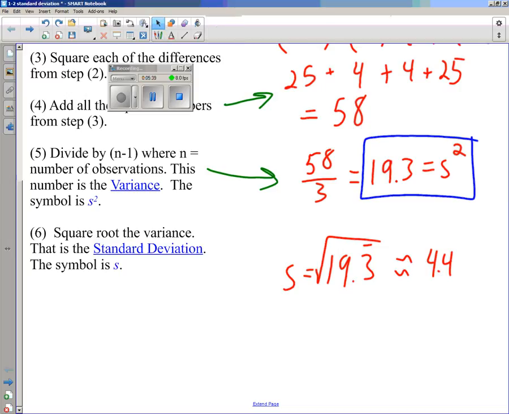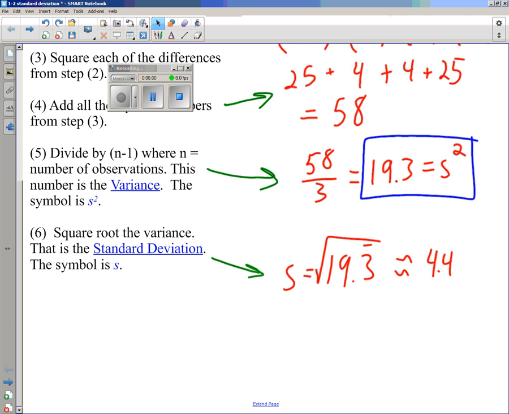You will only have to do that on your own a couple of times, really. We'll talk about how to figure it out with your calculator. In fact, you kind of already know how to do it. It's just where to look. The last step is square root it. That is the standard deviation. The bigger the standard deviation is, the more spread out the numbers are.